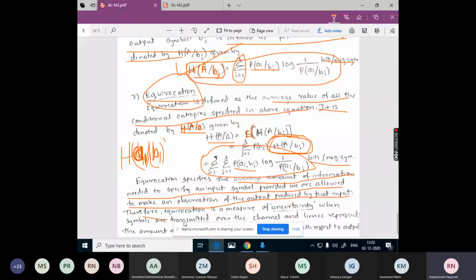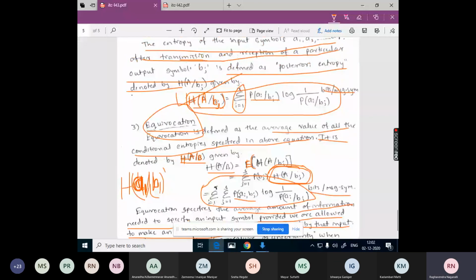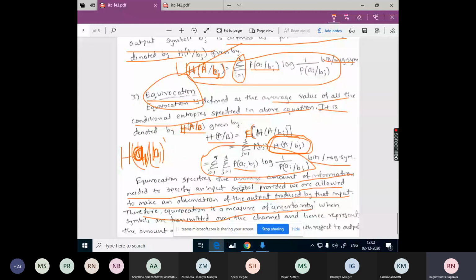So therefore, equivocation is a measure of uncertainty when symbols are transmitted over the channel, and hence represents the amount of information lost due to noise with respect to output symbols.